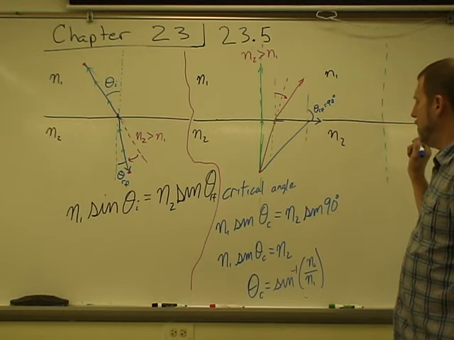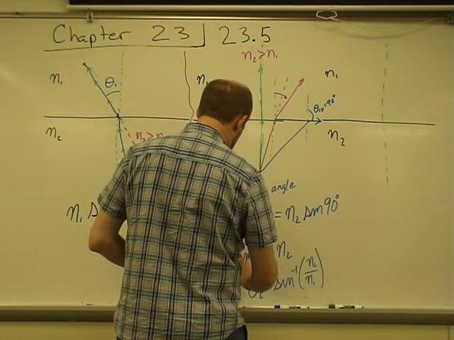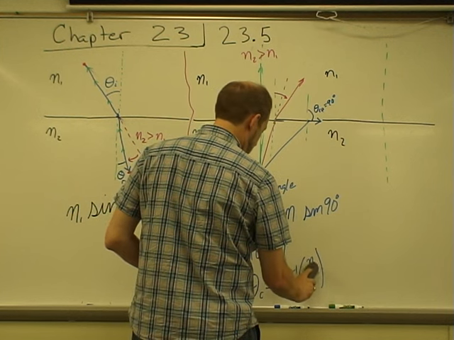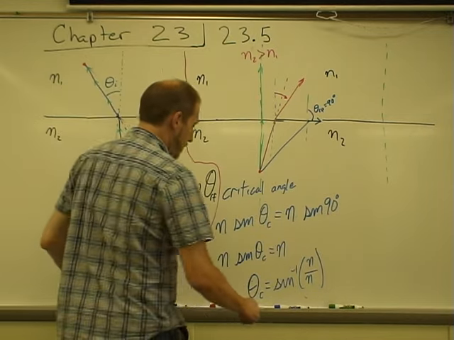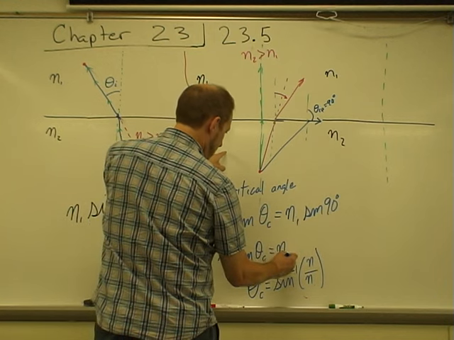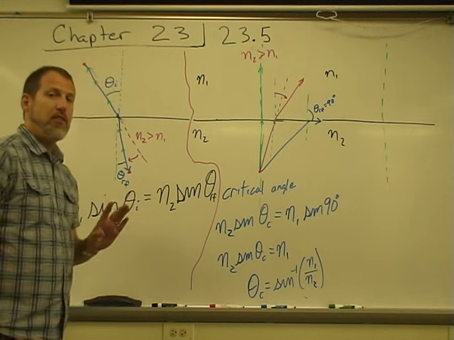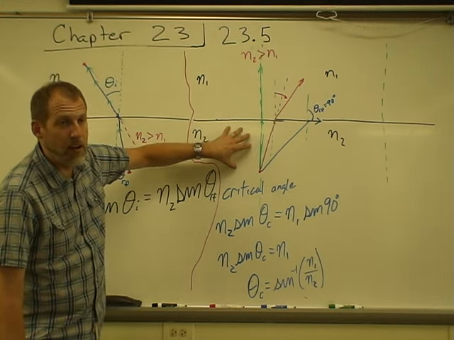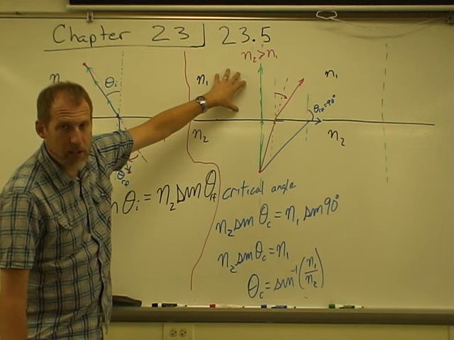those two. As I had written this, it's starting in N2. So to keep it the same as this diagram here, it's starting in N2. And notice that this only works if the medium that it's starting in has a higher index of refraction than the medium it's going to.